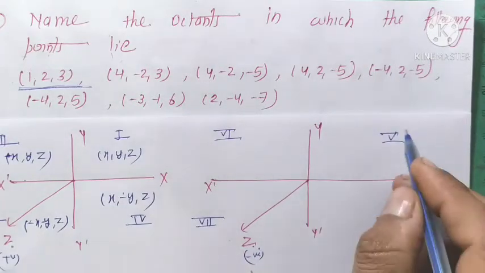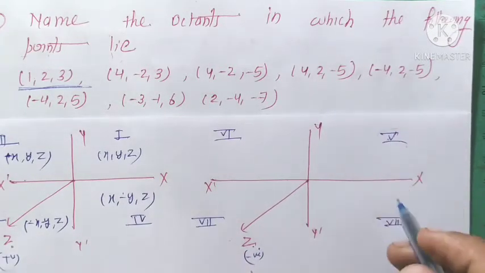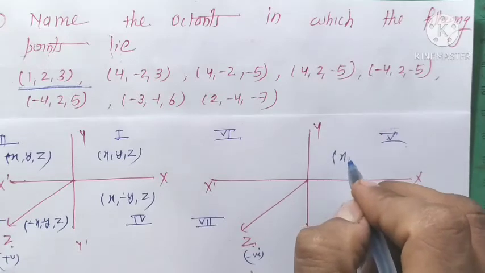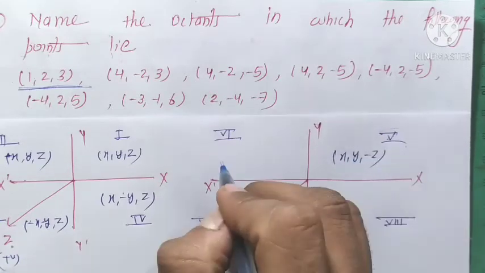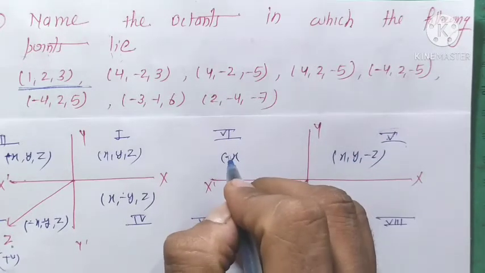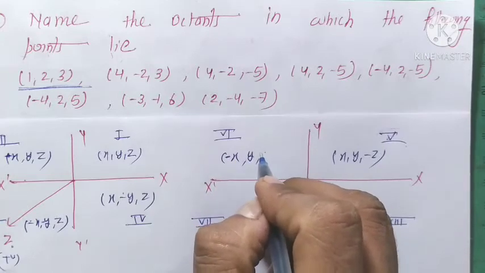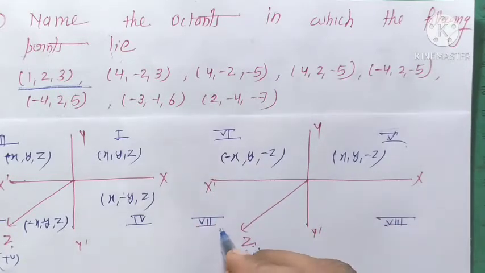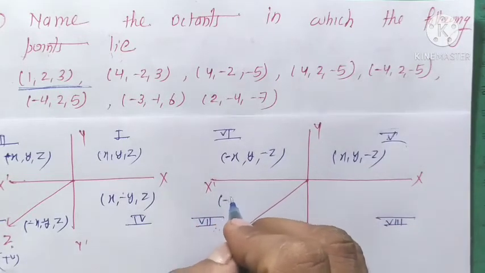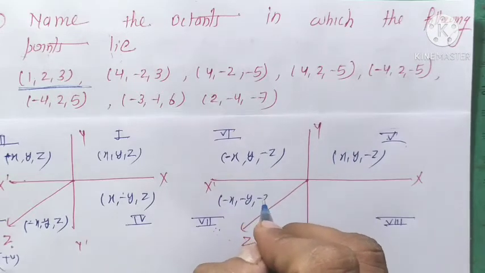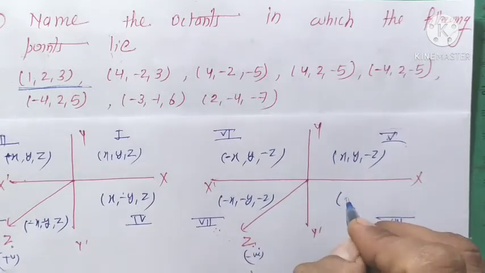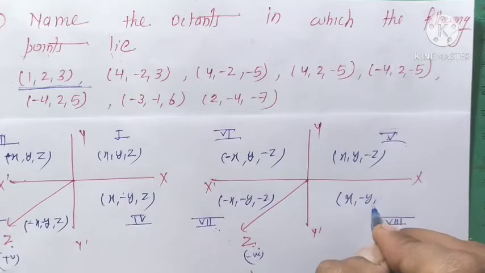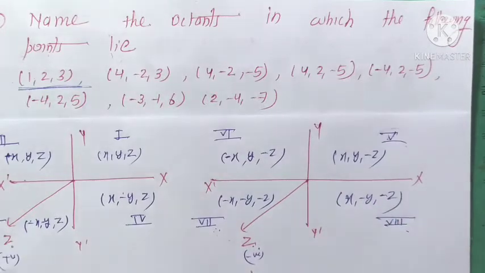In the fifth octant, x positive, y positive, z negative. Then x negative, y positive, z negative. In the seventh octant, x negative, y negative, z negative, and in the 8th octant, x positive, y negative, z negative. So you understand that.